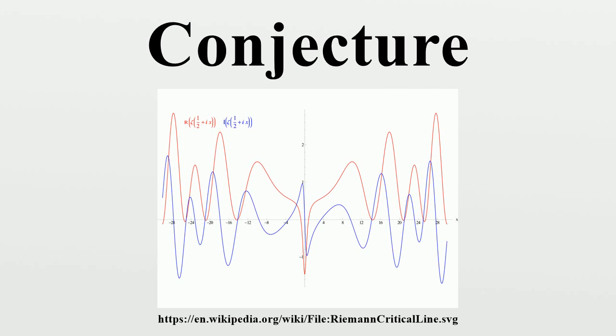Some mathematicians consider it the most important unresolved problem in pure mathematics. The Riemann hypothesis, along with the Goldbach conjecture, is part of Hilbert's 8th problem in David Hilbert's list of 23 unsolved problems. It is also one of the Clay Mathematics Institute Millennium Prize problems.